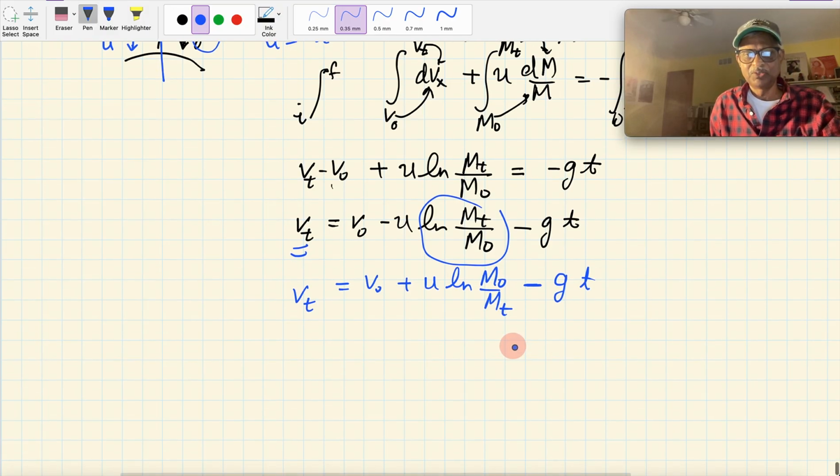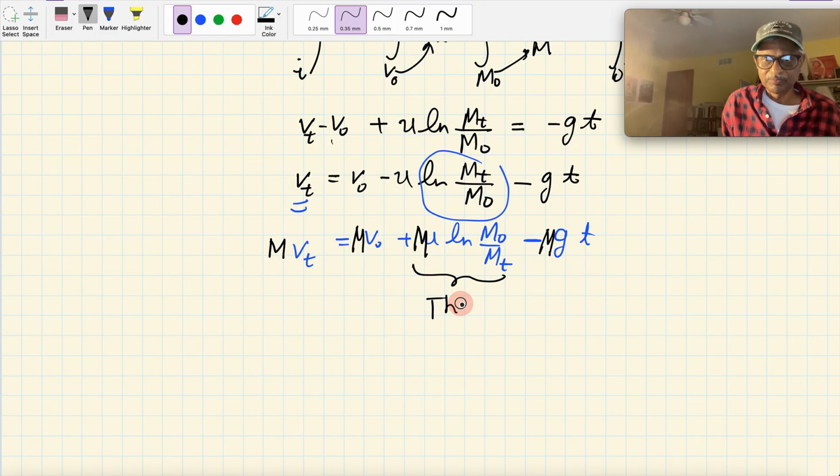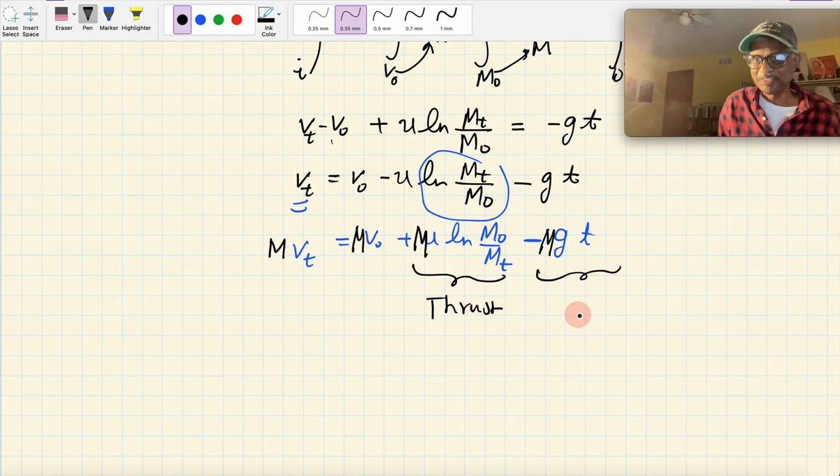So you can see if I multiply by m, then it's actually, look at this, this is the thrust part, and this is the cost of gravity.